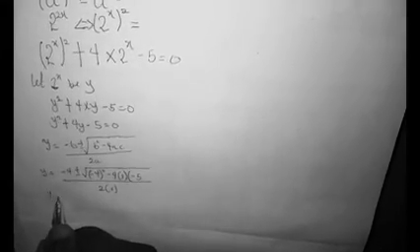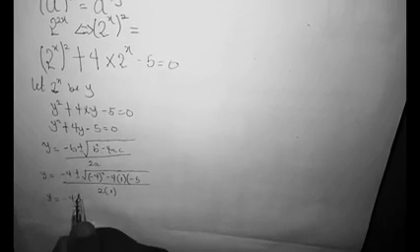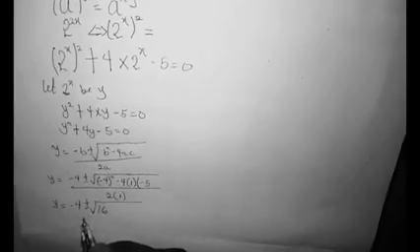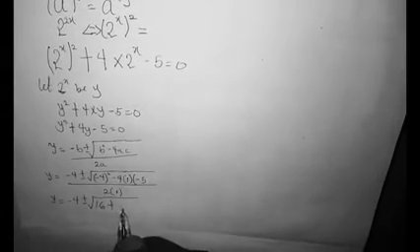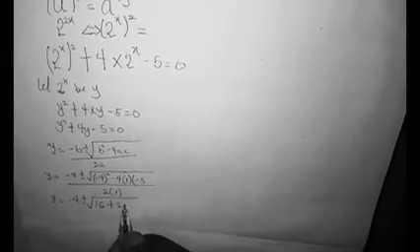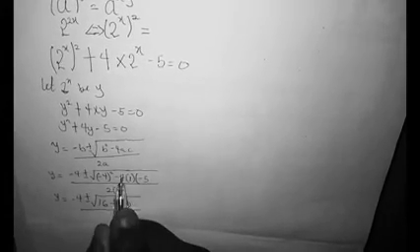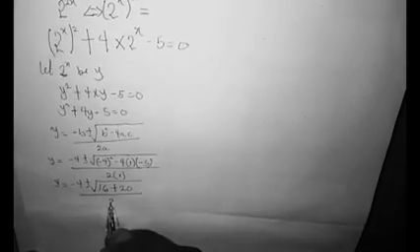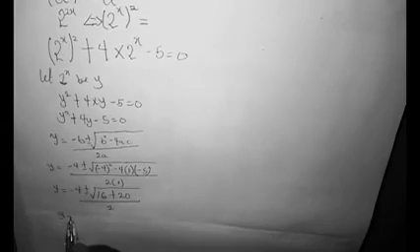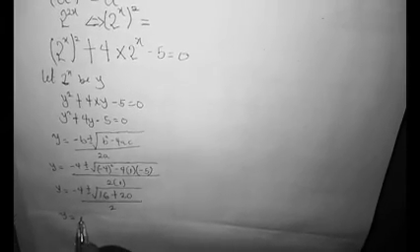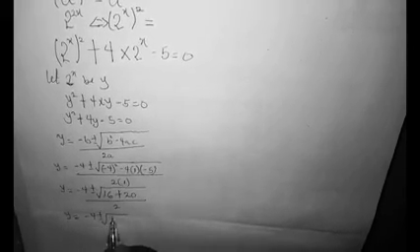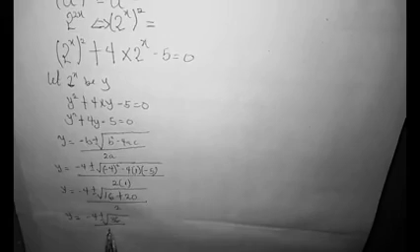And that is y equals minus 4 plus or minus the square root of 16 plus 20, that is minus 4 times 1 times minus 5 will give you 20, all over 2. And that will be y equals minus 4 plus or minus the square root of 36, all over 2.